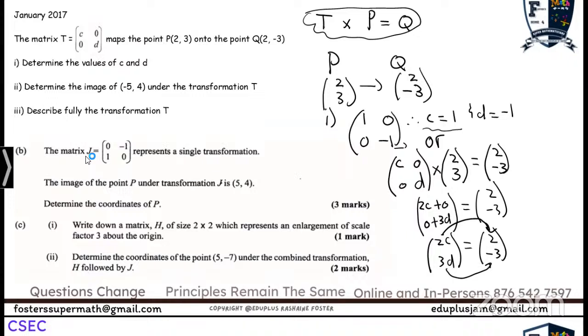Again, before I started here, I showed you the information representing the different matrices. And the final question says, determine the coordinates of the point 5, -7 under the combined transformation H followed by J. And as you can see, this question is 6 whole marks. 6 very simple marks right here.